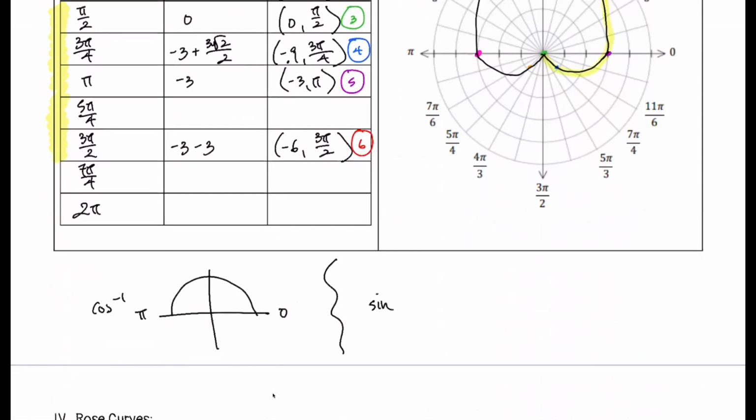But if you think about inverse sine, I told you to choose from the right half of the unit circle, which technically was negative pi over 2 to pi over 2, right? But we could also call that pi over 2 to 3 pi over 2, right? So it does go back to inverse sine and inverse cosine, like which parts you choose from. That symmetry actually carries through to these polar graphs.